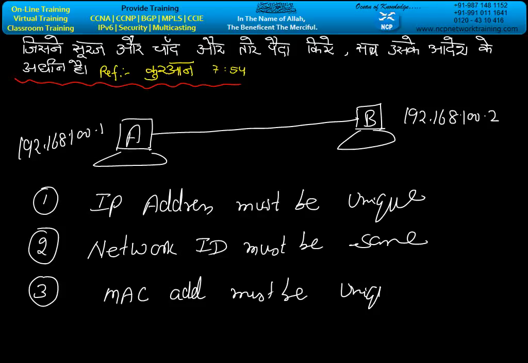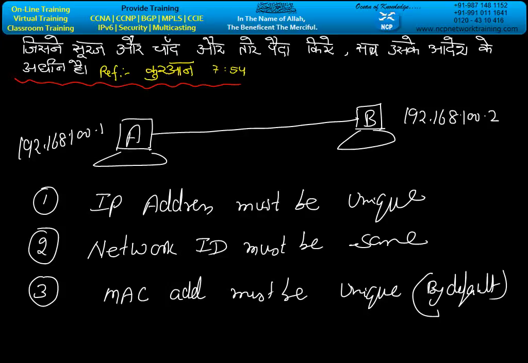As we know, MAC address is by default unique because it's hard coded into the LAN card. If we are applying the IP address, it is possible we can apply the wrong IP address and NID can be changed. We require 3 components to communicate between 2 devices if they are directly connected.